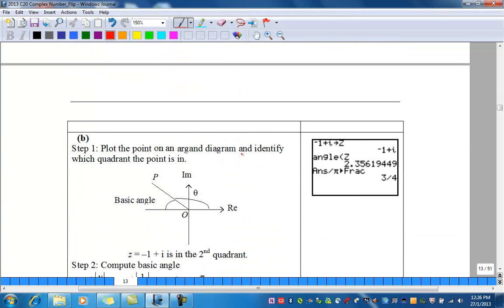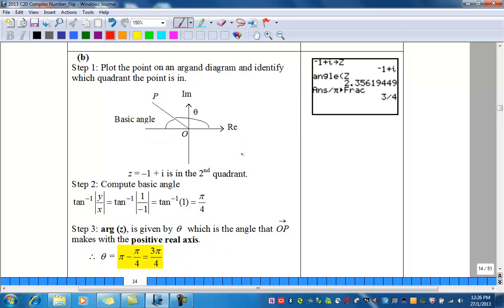B. z is equal to minus 1 plus i, which is negative 1 unit on the real axis and 1 unit on the imaginary axis, and it is in the second quadrant.